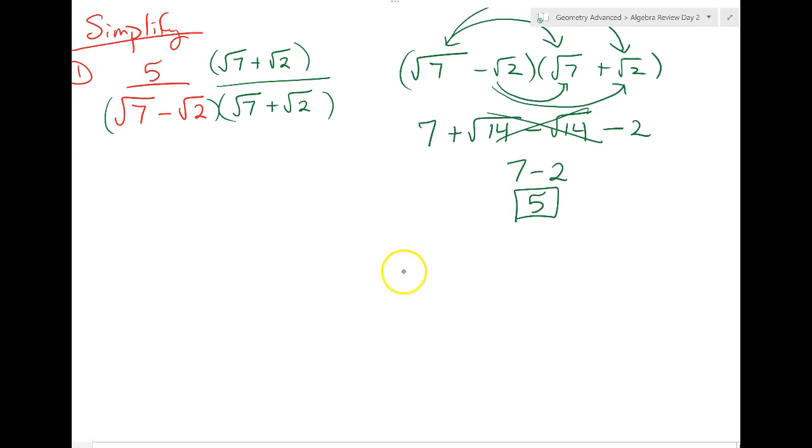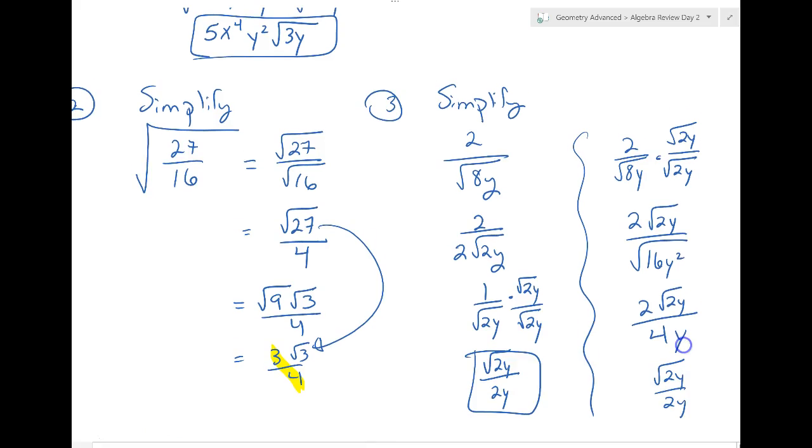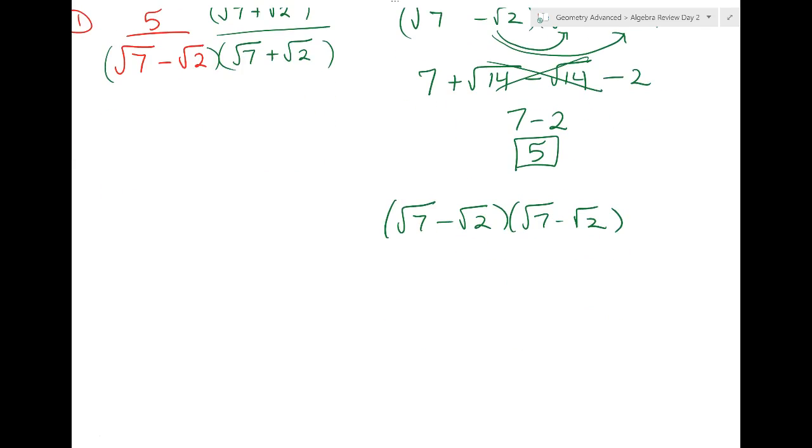Here's the deal. This is why I can't do what we've done for all of our other problems. Because what if I decided to go, all right, square root of 7 minus root 2 times the square root of 7 minus root 2? Because all the other problems that we just did when we rationalized denominators before, we just multiplied by the denominator, right? So if I just multiplied by the denominator, shouldn't it be the same thing?